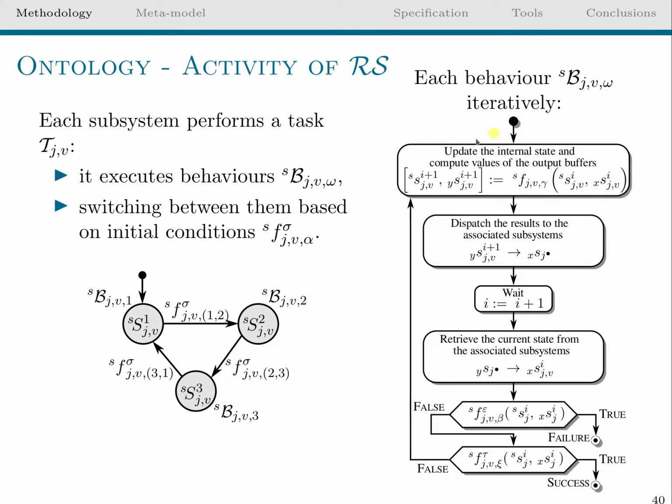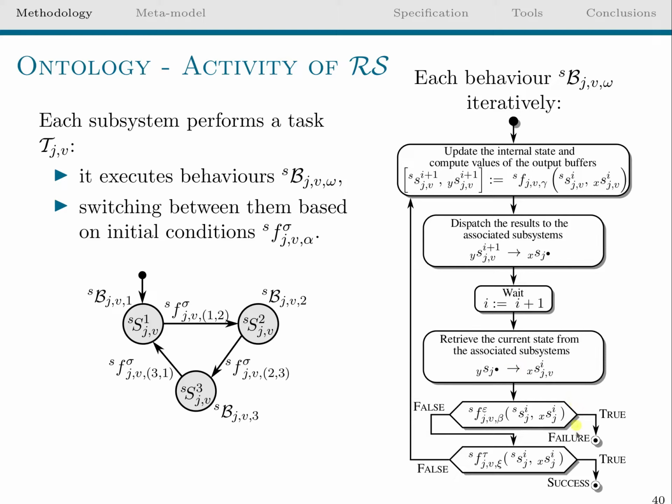In the first step, the behavior calculates the transition function based on the input buffers and the current state of the subsystem. It calculates the new state for the subsystem and the new data for the output buffers. And then it sends the data from the output buffers to other subsystems. It waits for a while, and then it receives data, and the received data are saved within the input buffers.